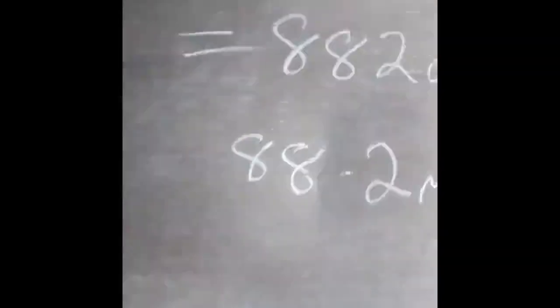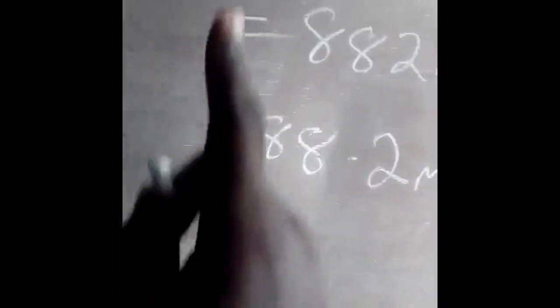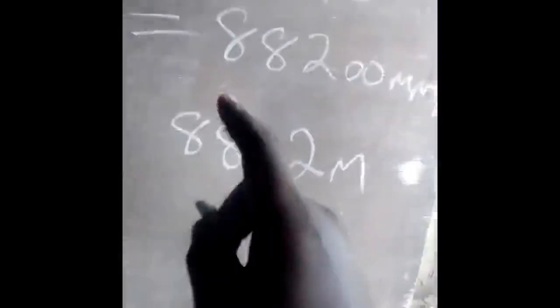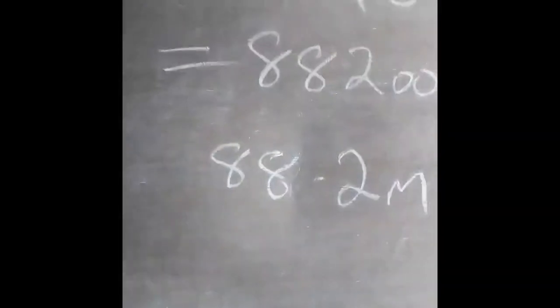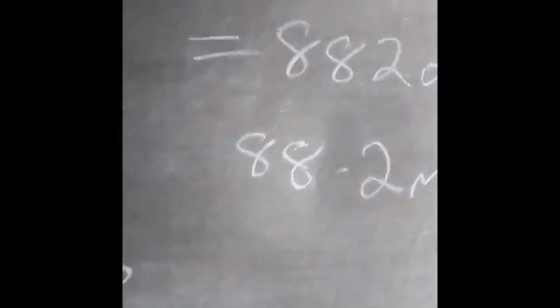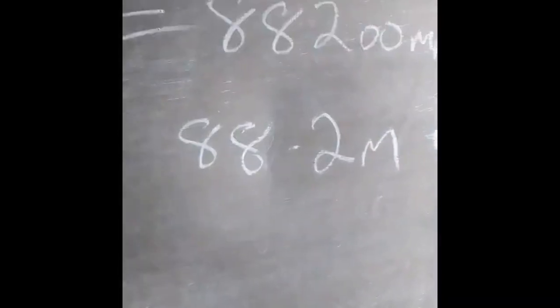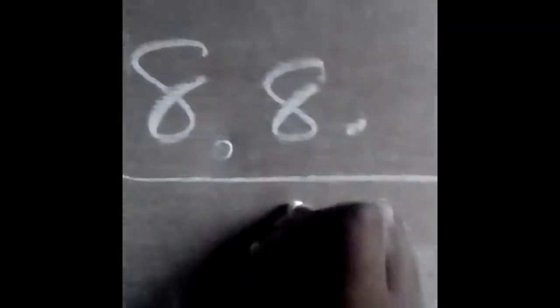Now, remember that the length of one rod is always 12 meters. Therefore, 83.2 divided by 12.